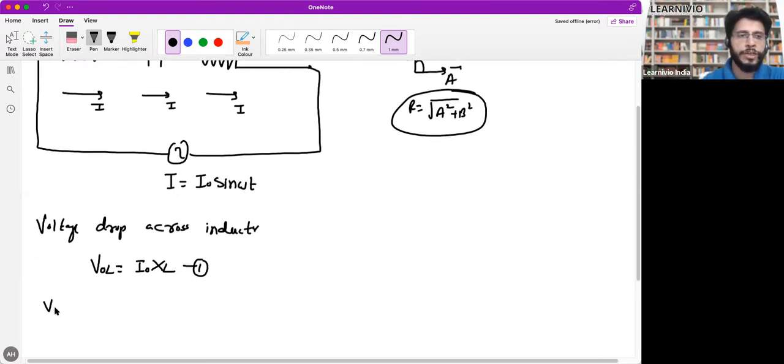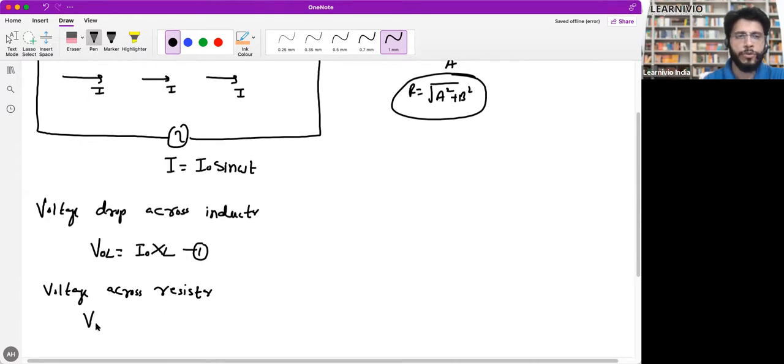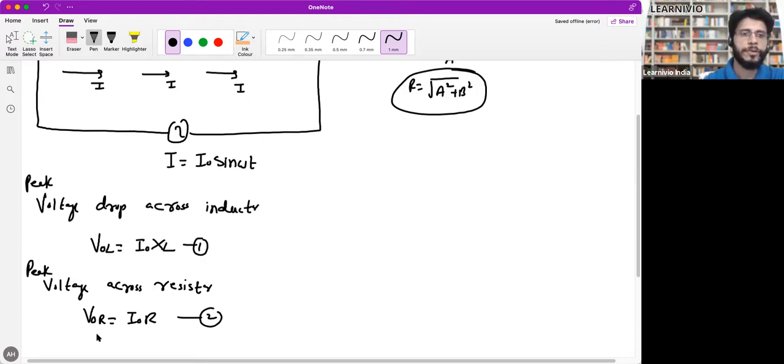Next, you need the voltage drop across the resistor. For a resistor, we write IR. So the voltage drop across the resistor is I naught R. V naught means peak values, peak voltage drop.